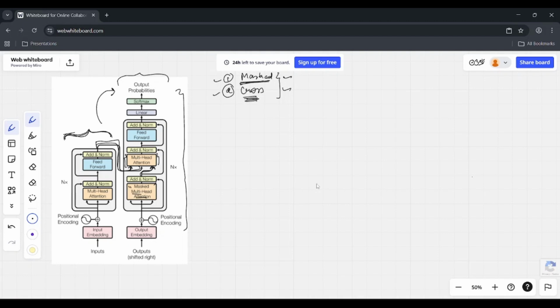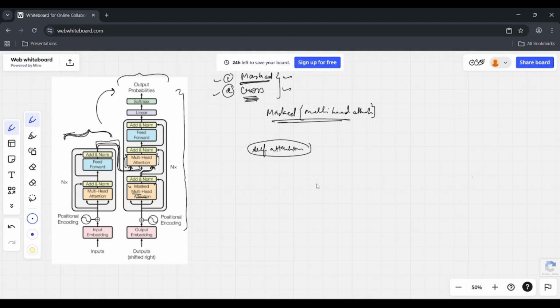So let's first understand what masked multi-head attention is. And before that, I want to highlight one thing here: let's just recall what multi-head attention is, right? When you have multiple self-attention blocks. But for now, to make things simple, let's just consider that I have a single self-attention block.